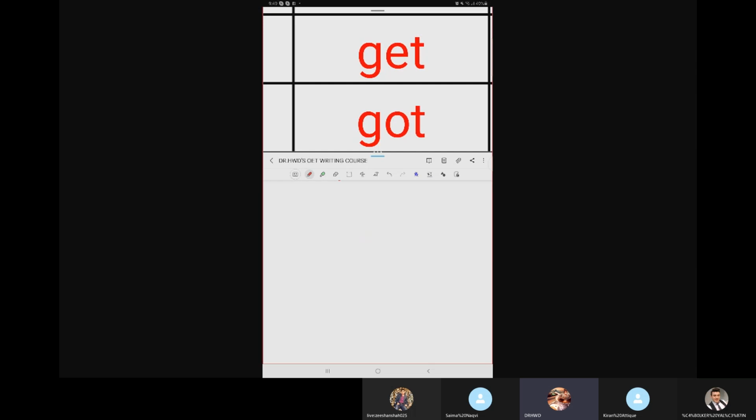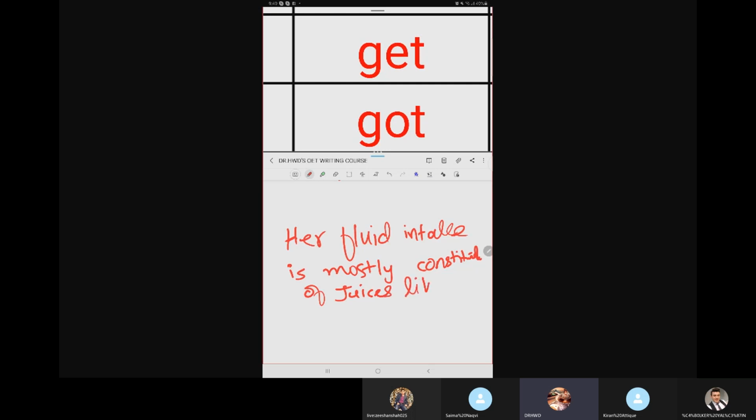One more sentence. Her fluid intake is mostly constituted of juices, I hope that's the right sentence, like mango, orange, etc. Now, how would you correct this sentence and what is wrong in here?